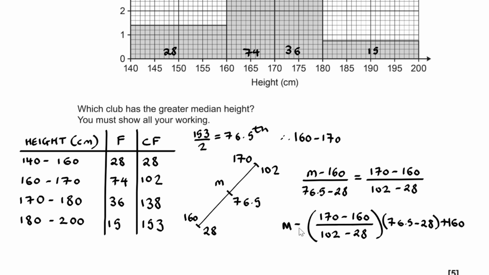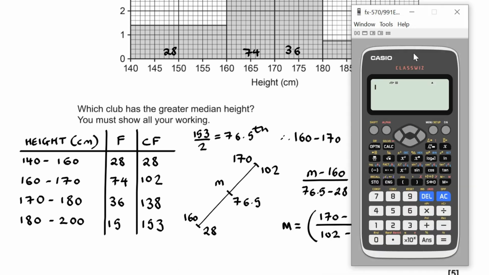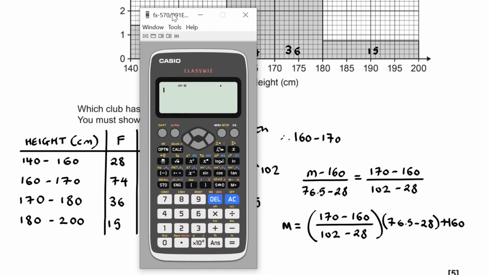So this is what m is. So if we work all of this out, we have 170 minus 160 over 102 take away 28 multiplied by 76.5 take 28 plus 160.